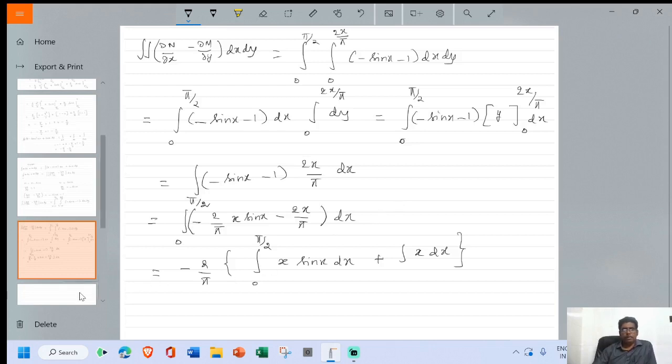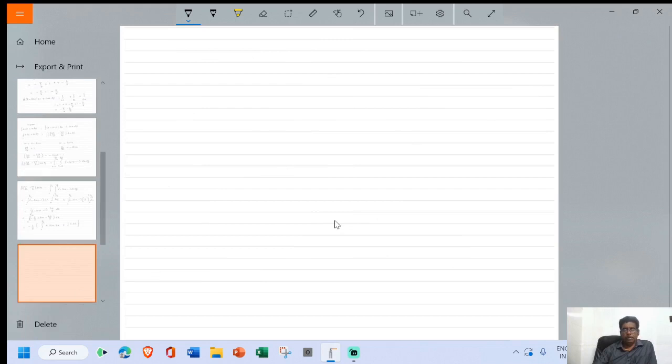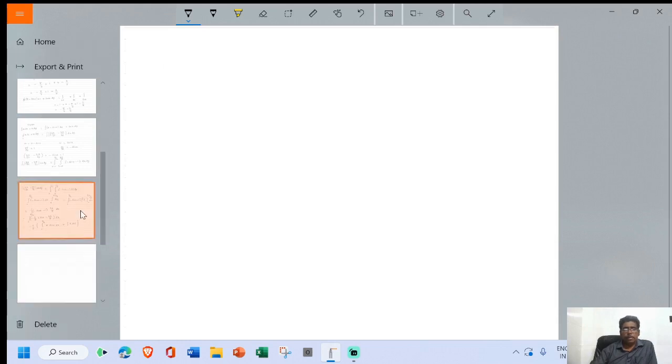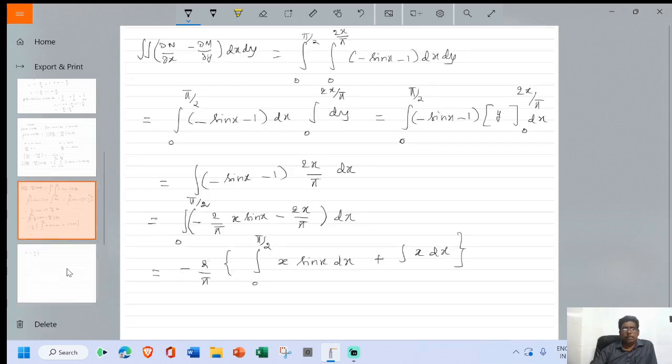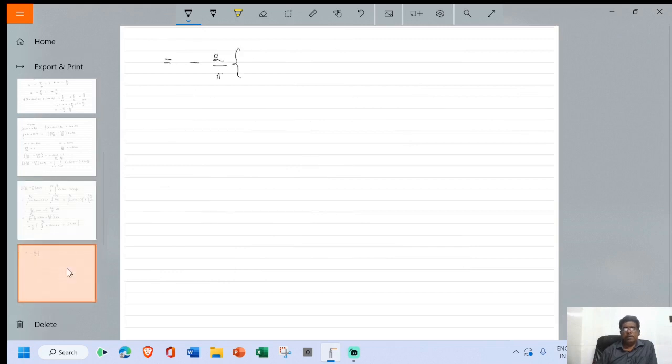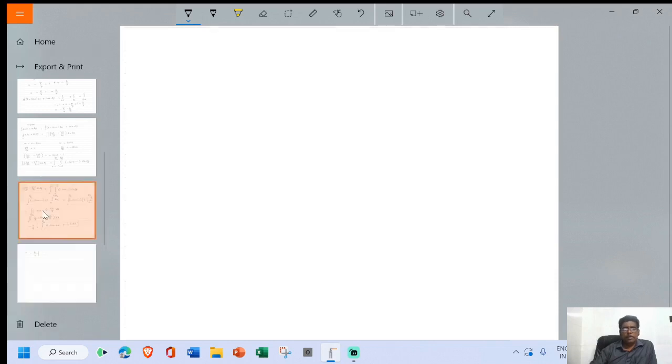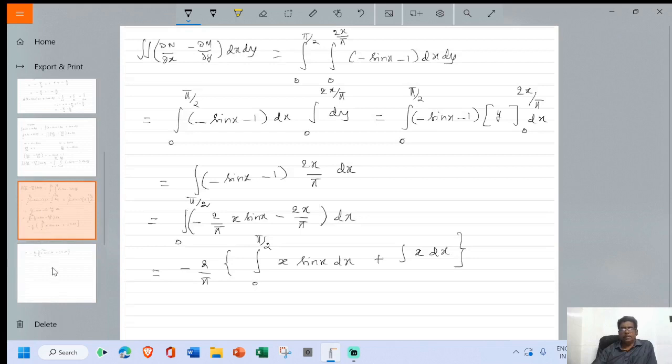Now we have to solve this. Minus 2 by pi times the integral of x sin x dx with limits from 0 to pi by 2, plus the integral of x dx.